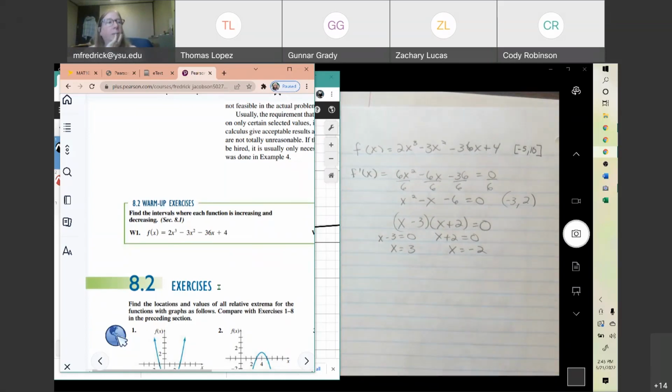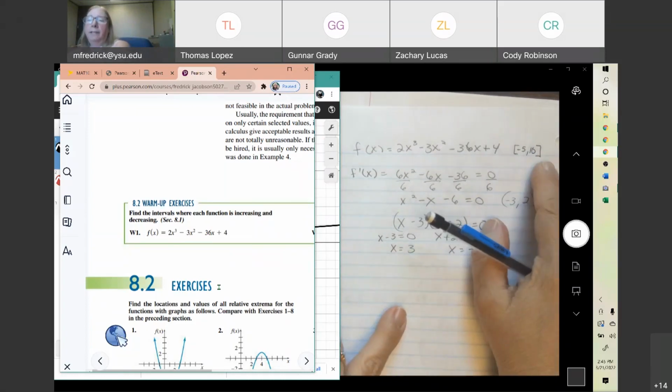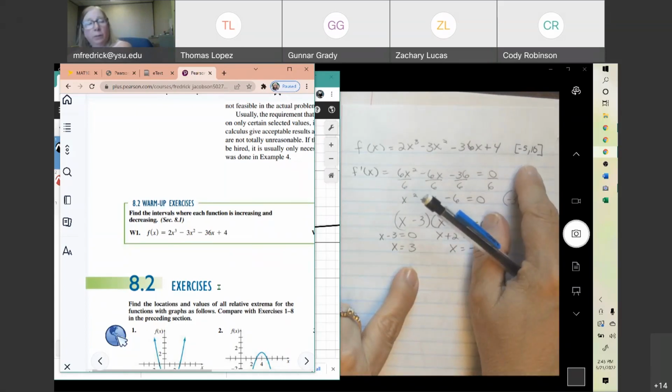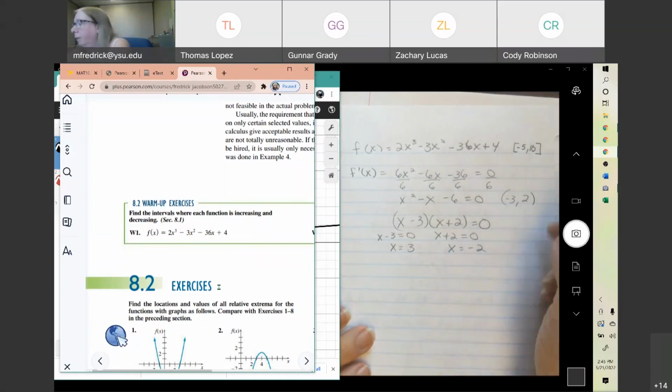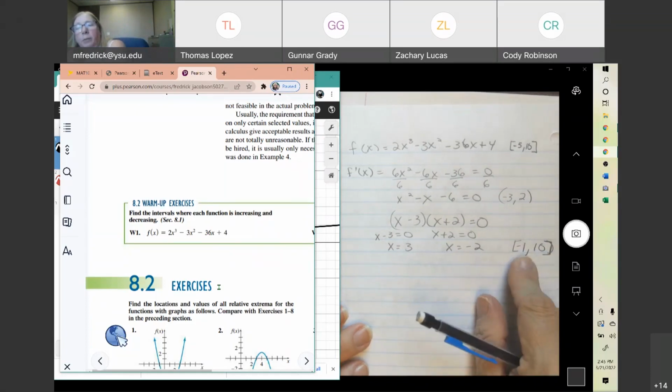Any questions so far? Okay. Now, if our endpoints are -5 and 10, both of these are in that interval. So both of these are critical numbers. If it would have been -1 to 10, the square bracket means including the endpoints.